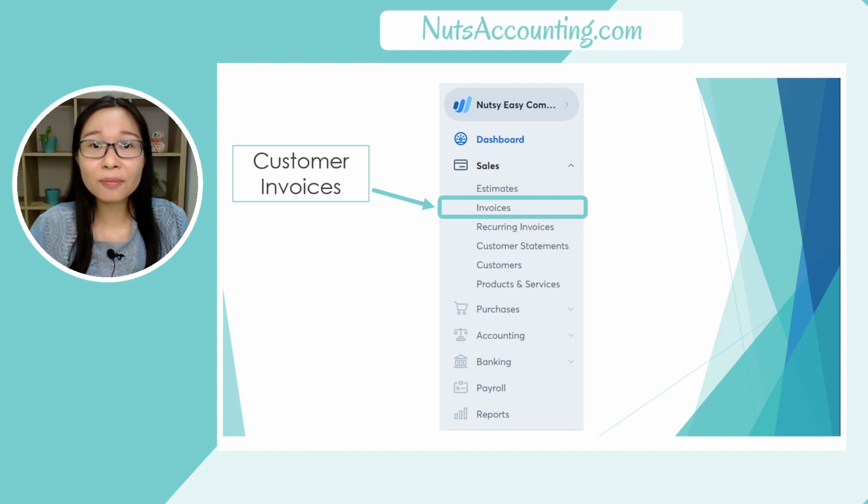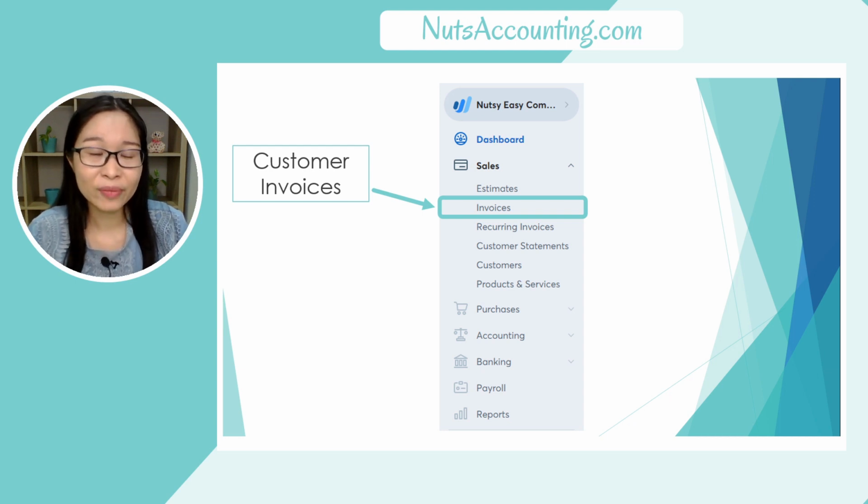So once they sign up for your course, then directly you issue an invoice to them. So you don't need to use any estimation. But if you do really need to provide any quotation to your customers, then estimates is the page that you will need to go to. But in general, course creators don't need to use quotations.